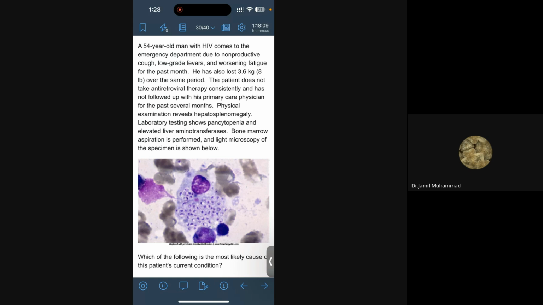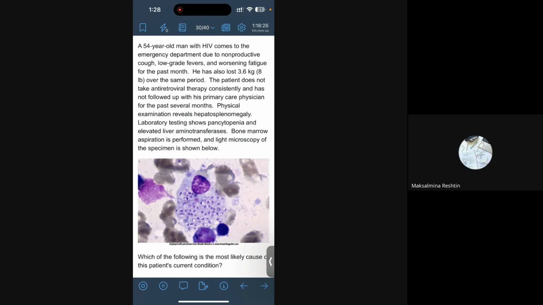Hepatosplenomegaly, pancytopenia, elevated liver aminotransferases, and a bone marrow finding. Can you tell me which infection this picture is consistent with?